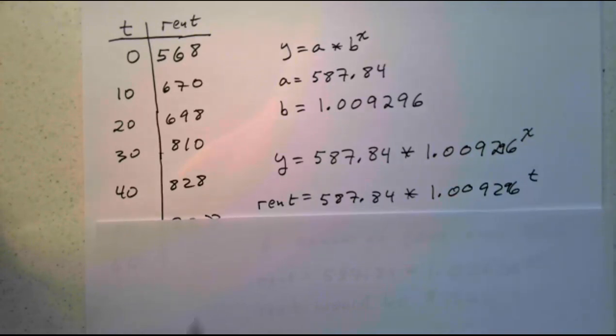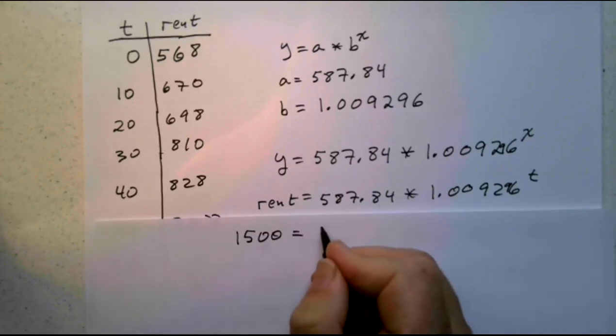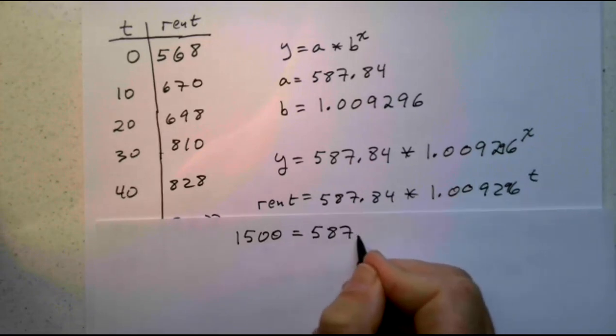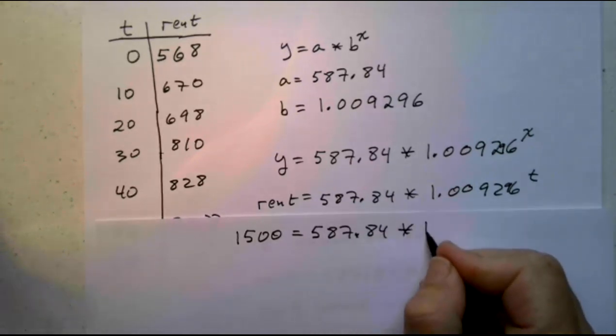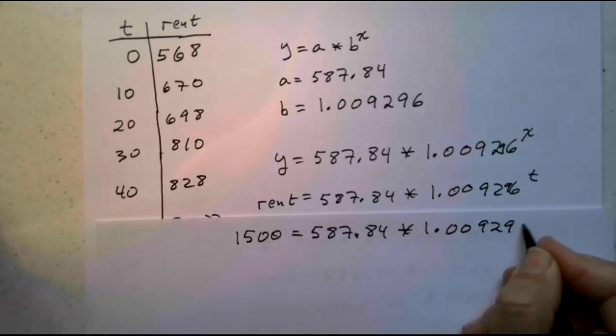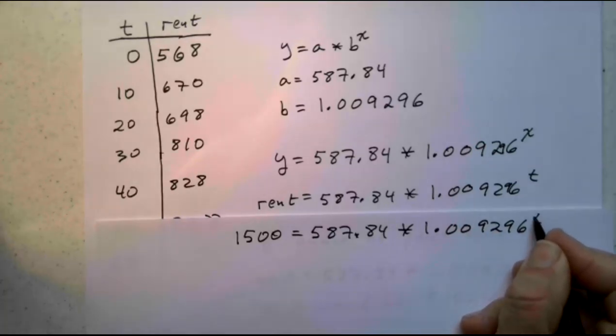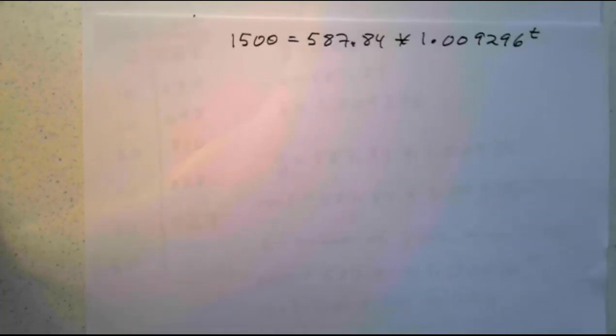So setting up this equation, it would be 1,500 equals 587.84 times, be careful with that, 1.009296 to the t. And I want to solve for t. How many years since 1960 will it take before we get to 1,500?